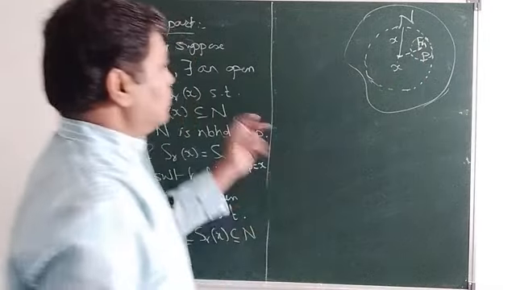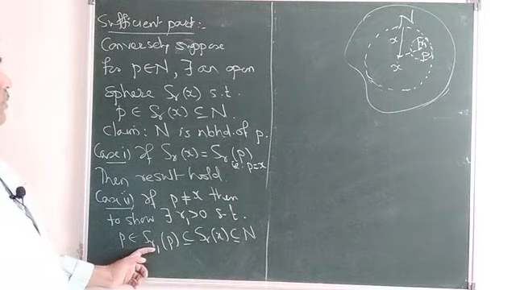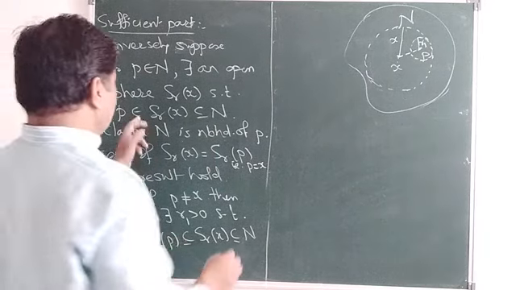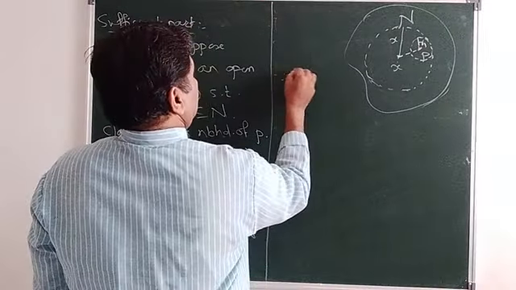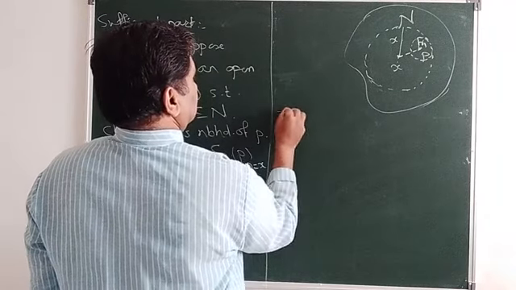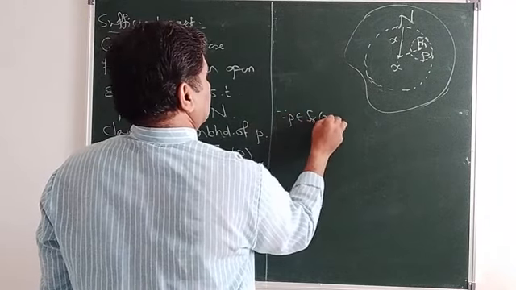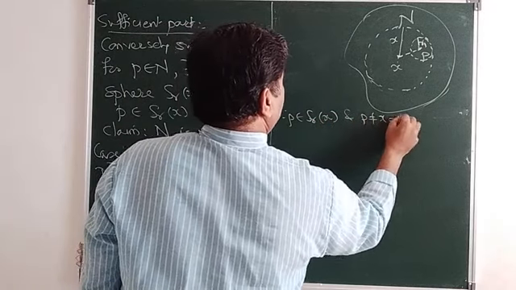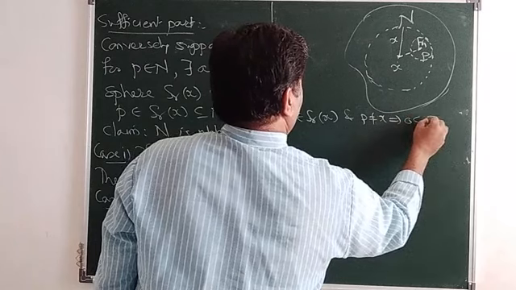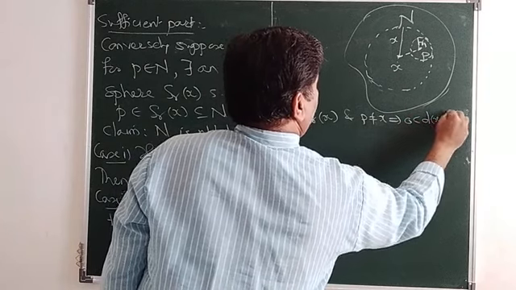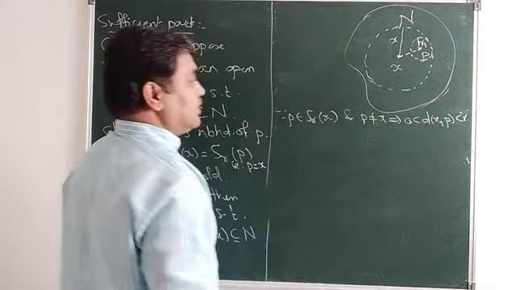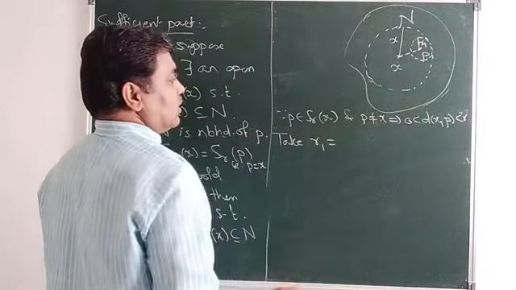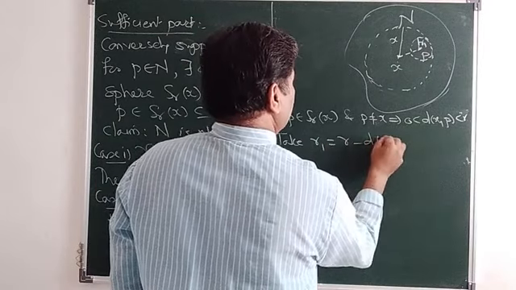Since P lies in S_R(X) and P is not equal to X, it implies 0 is less than d(X,P) is less than R. Take R1 equal to R minus d(X,P).